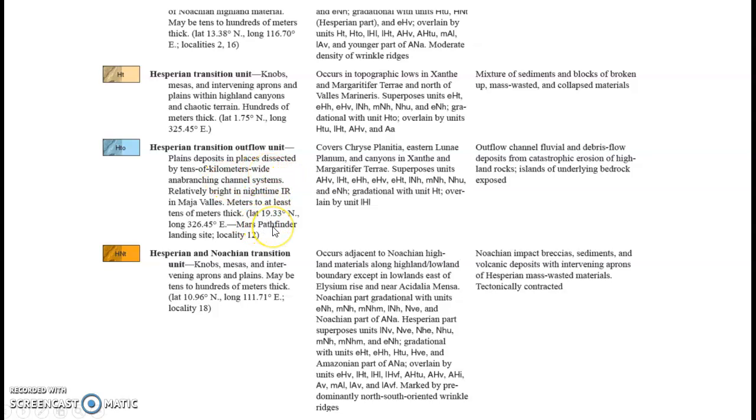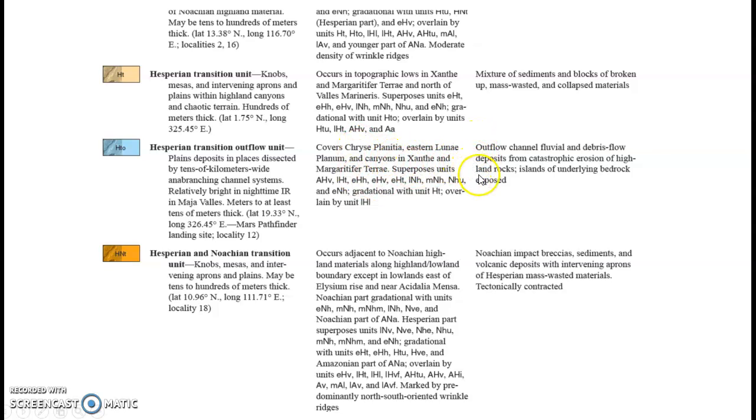It's near the Mars Pathfinder site. It says it superposes units, so maybe on top of those, and it's overlain by another one. But this is about where it's located.